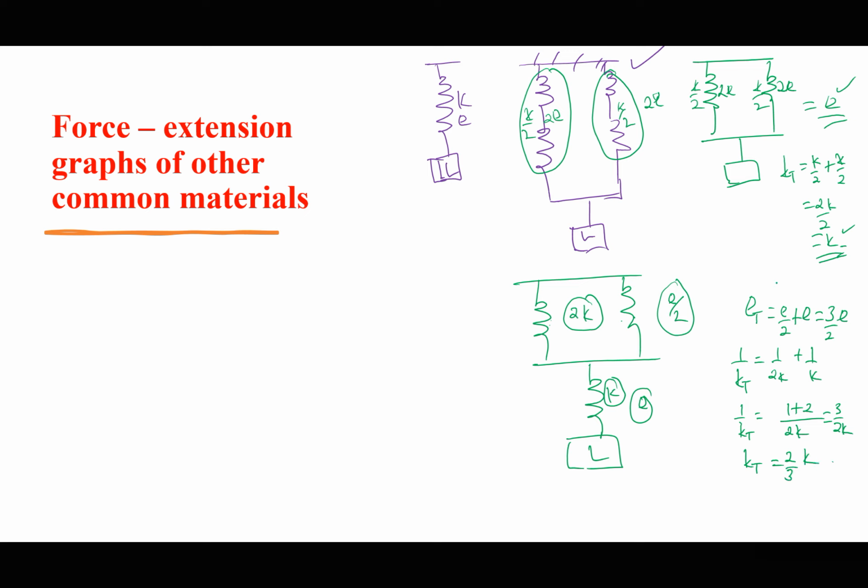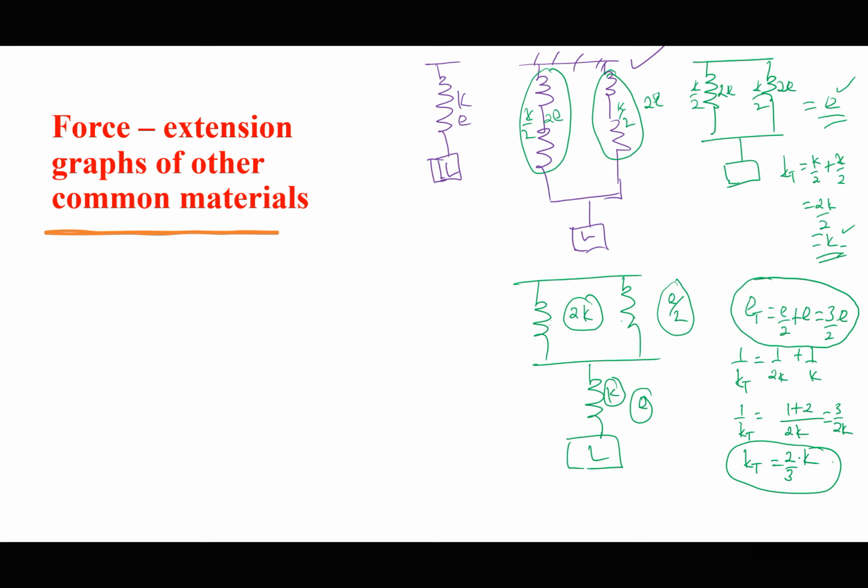Now I want you to look at total extension here and total constant here. If I can find total extension, then for the total constant I just take the reciprocal of the coefficient, because this is 3 over 2E and this is 2 over 3K. This was shown to us by one of my students. So you can use that simple analogy when you are solving such questions which involve combination of springs.